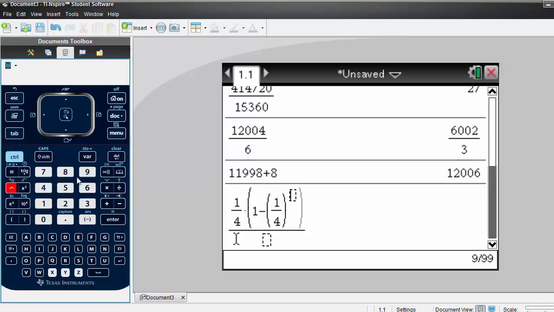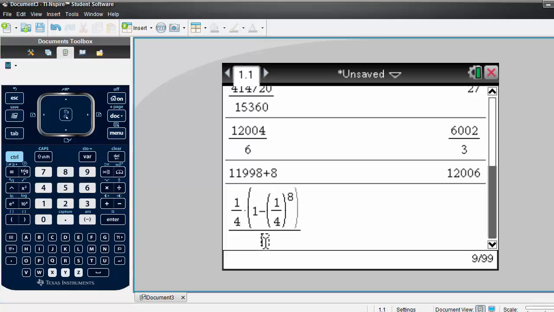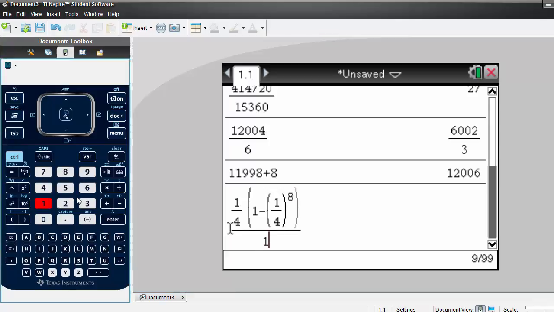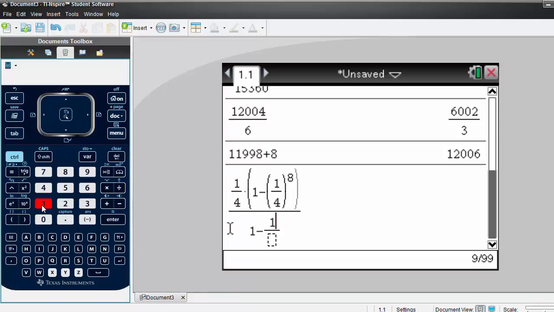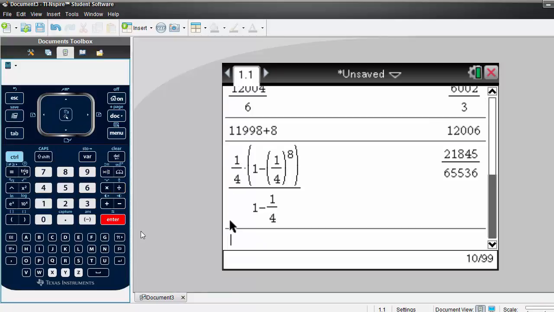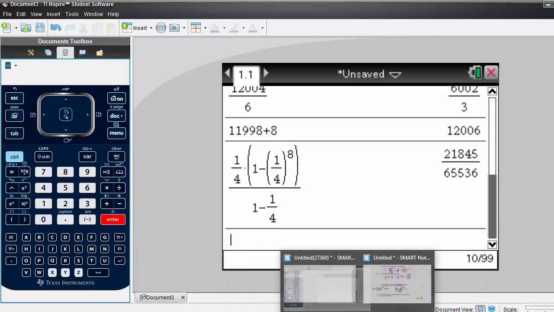Raise that to the power of 8. Then we're going to take 1 and subtract another fraction, which is 1 over 4. This calculator tells me that this is the answer as a fraction. So you could put this answer as a fraction. This is 21,845 over 65536.